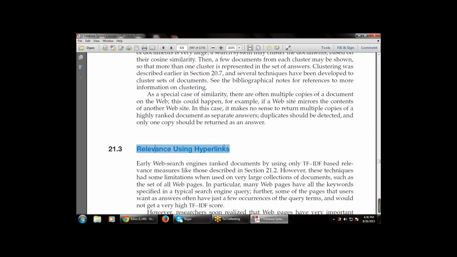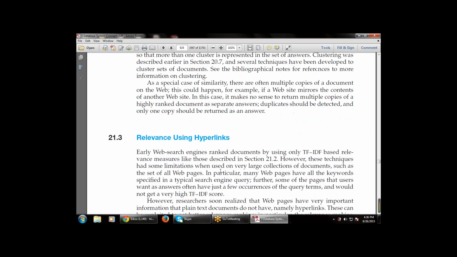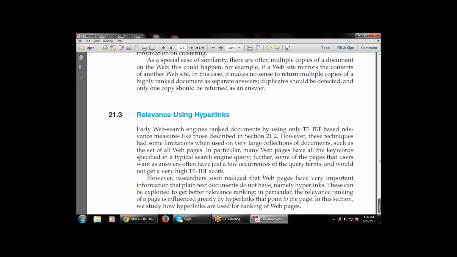Now, how do we use relevance with hyperlinks, that is, how do we denote relevancy with hyperlinks? Every web search engine ranks documents using only the TF-IDF based relevance measures that we have already discussed.